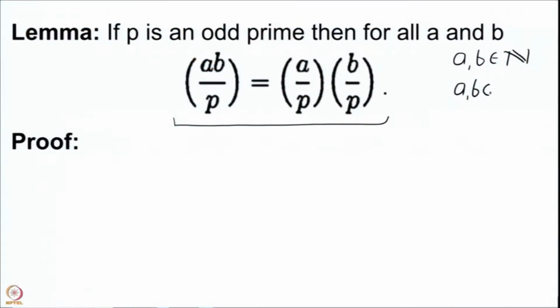And of course, we will then have to compute it only for primes, and you can actually start with a, b to be elements in the integers, not necessarily only in natural numbers. So, you will look at negative numbers and positive numbers, and among the negative numbers, if you know how to compute the Legendre symbol of -1, then you can just do the calculation for positive numbers, and with -1 you have the calculation for all integers.